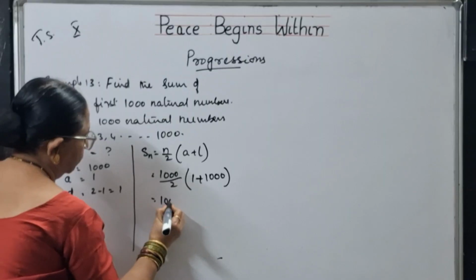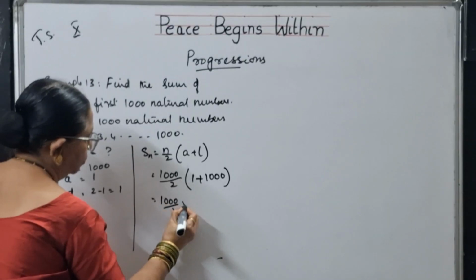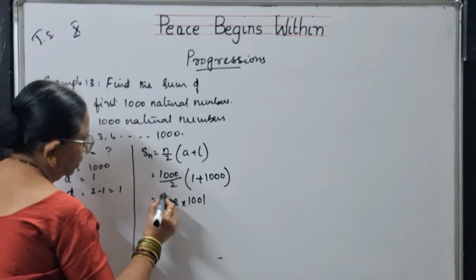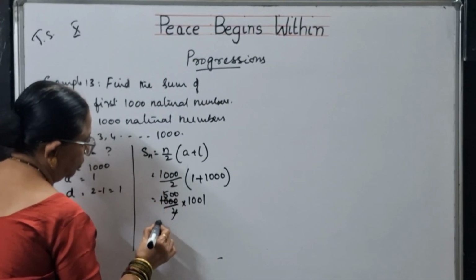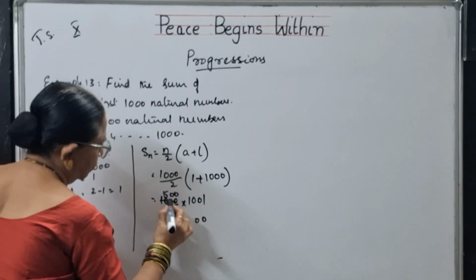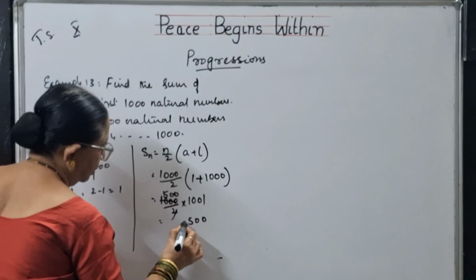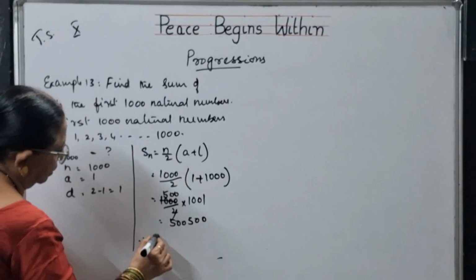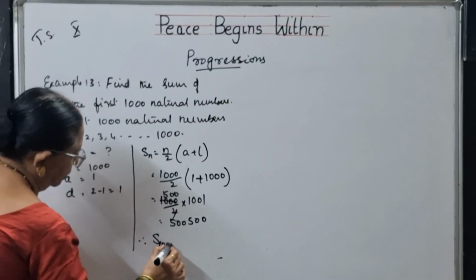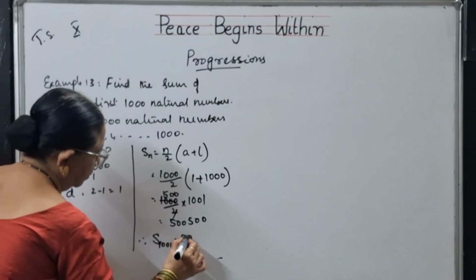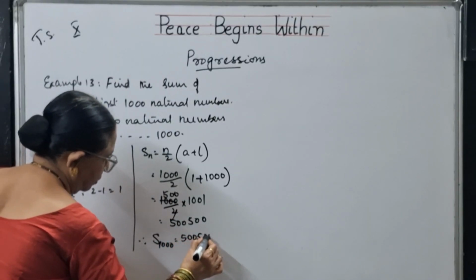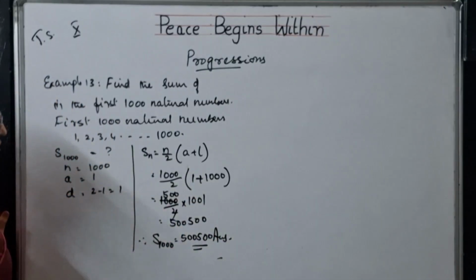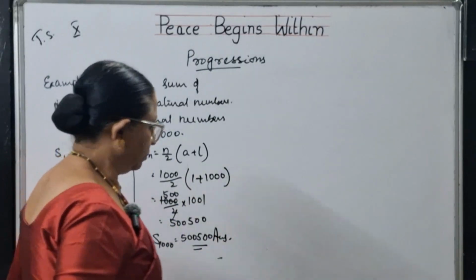That is 1000 by 2 into 1001. So 500 into 1001 is 500500. Therefore, S1000 is equal to 500500. This is the answer. This is the first bit, children.